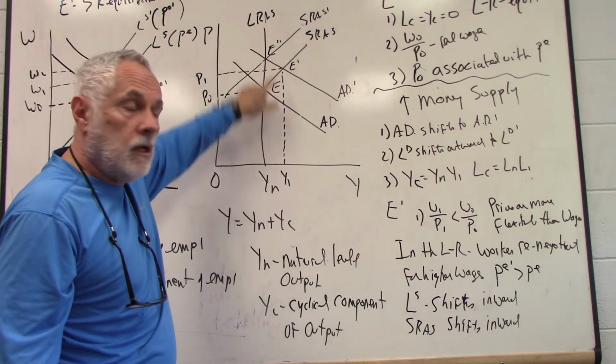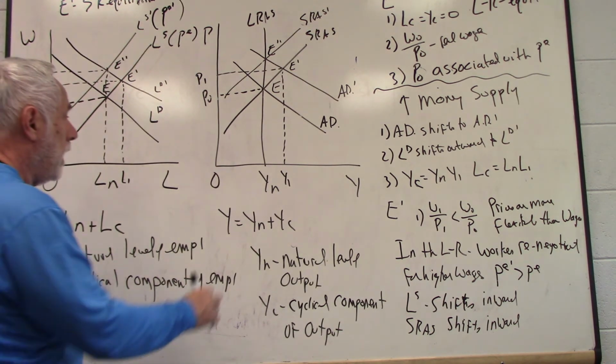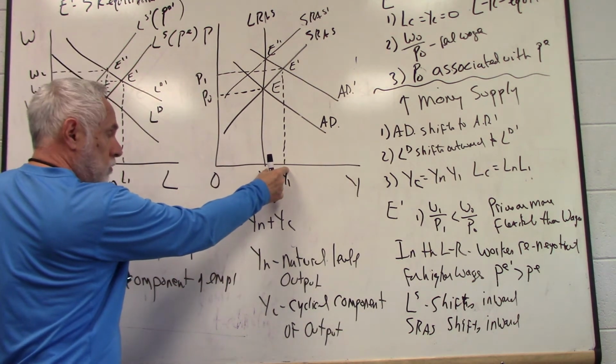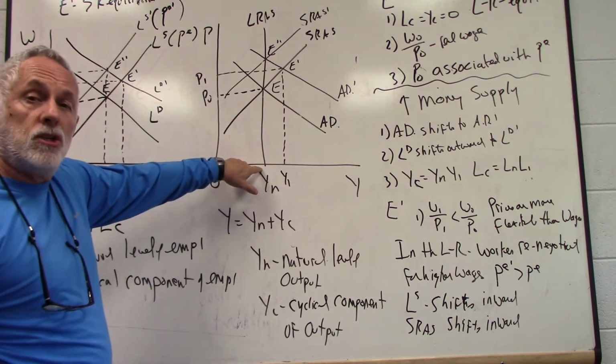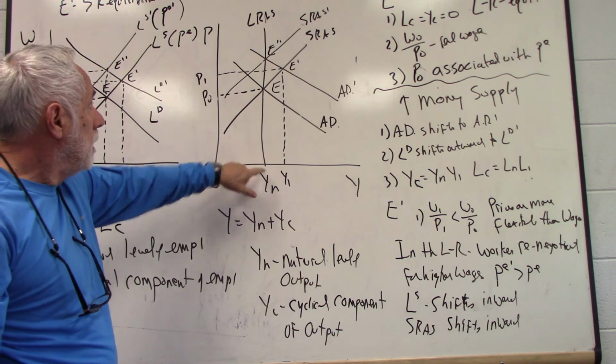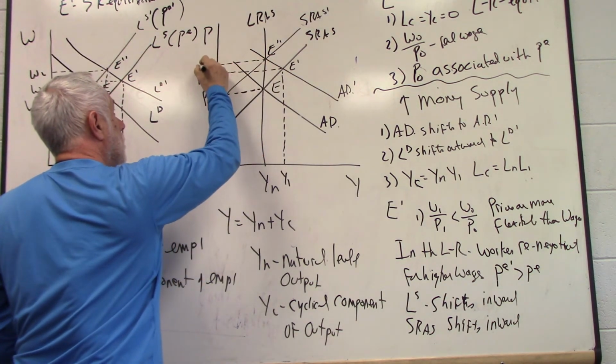So, what we have now is that where output rose above the natural level of output, in the long run, output goes back to where we started, at YN. But we see prices have increased to P2.